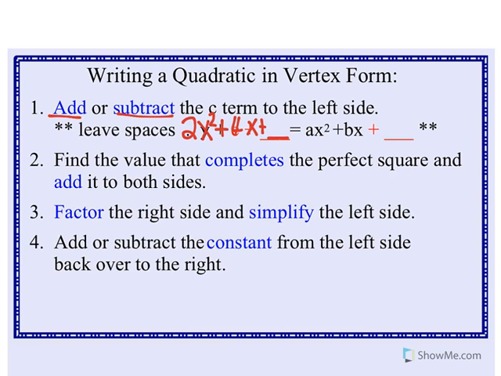We need to find the value that completes the perfect square and add it to both sides of the equation. Once you have that, we factor the right side and simplify the left. We will then go and add or subtract the constant back over to the right side. These steps should sound awfully familiar because we just did them.